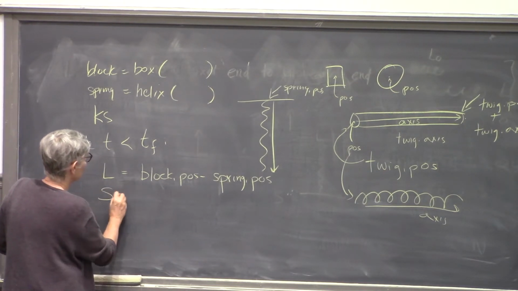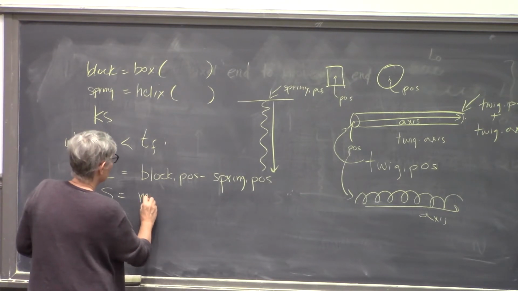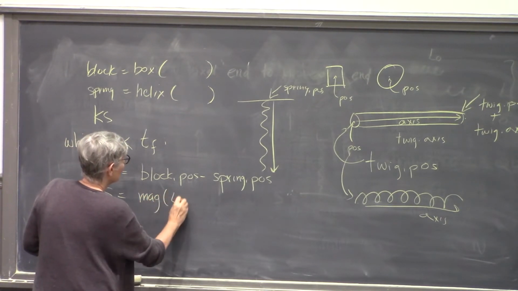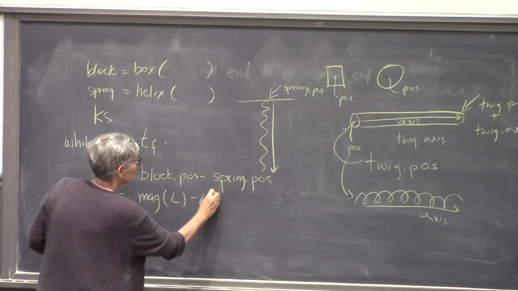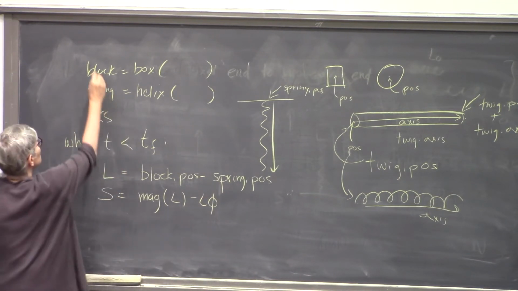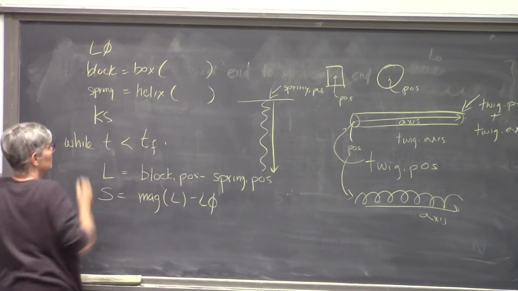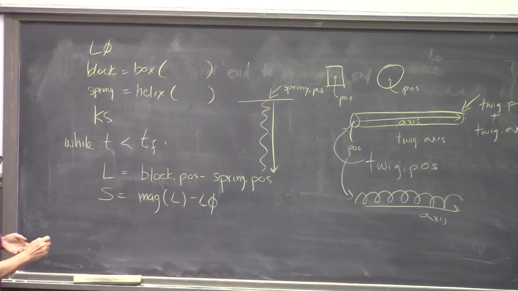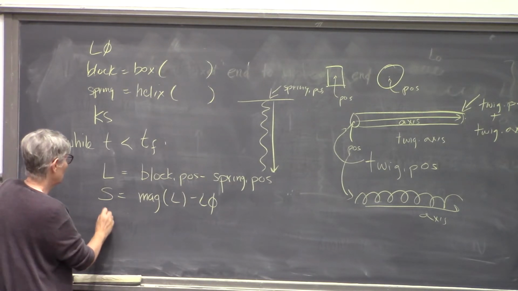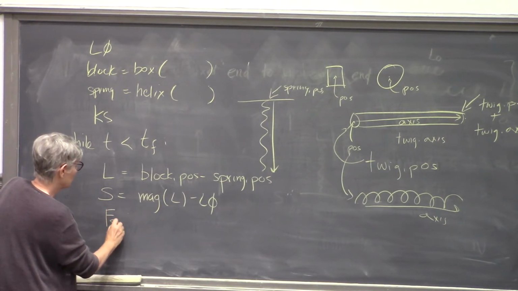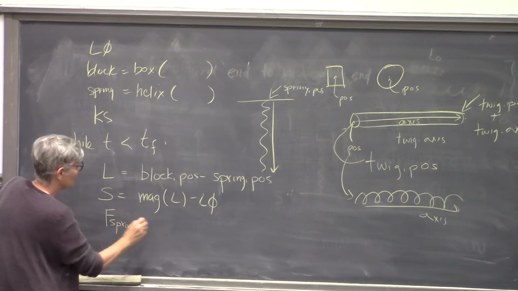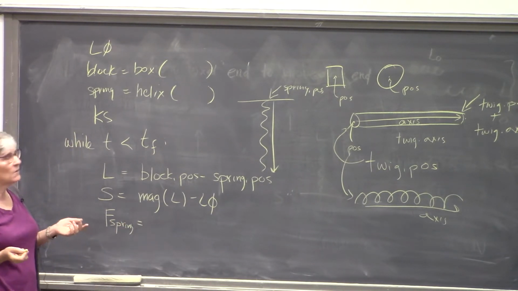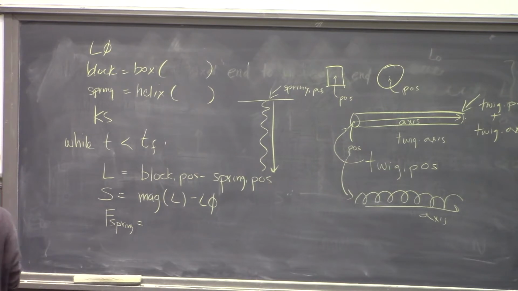And so now we can calculate the stretch as the magnitude of L minus L0, which we defined up here somewhere. And now the spring force is just going to be, where's our spring equation? I erased it. Let's put it back.